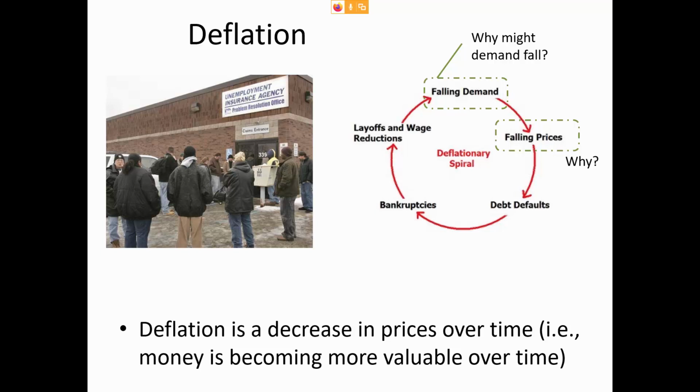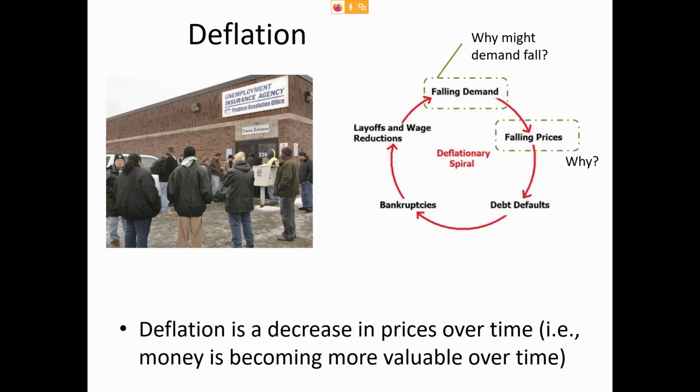Because it's the only tool that a reseller or a manufacturer has to try and stimulate demand again. Remember, our price-demand relationships told us that when demand is going down, the only way to try and stem the tide of that is by decreasing the prices.